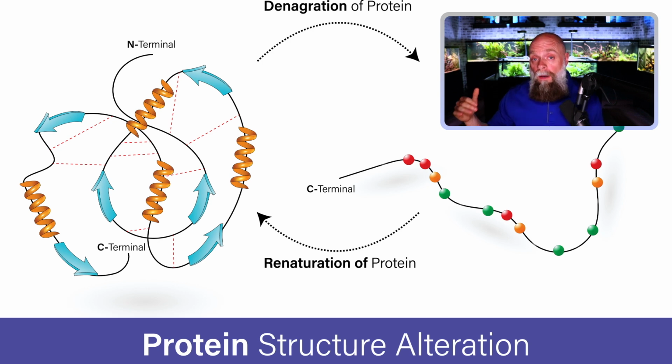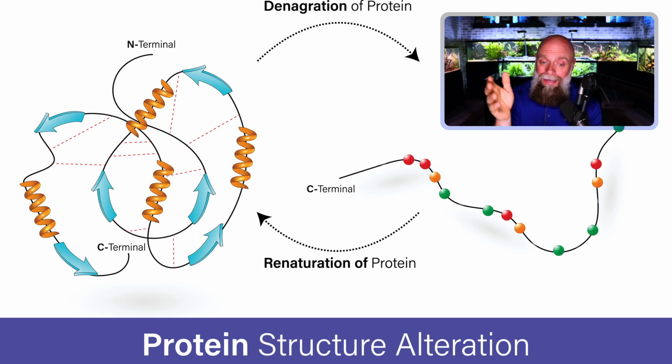In other words, once that protein falls apart, it can no longer do its job, because the three-dimensional structure of a protein is really important, just like we've talked about in an earlier video. What we really need is for that protein to be in its proper three-dimensional structure so that it can function. Once it's denatured, it's not going to work.